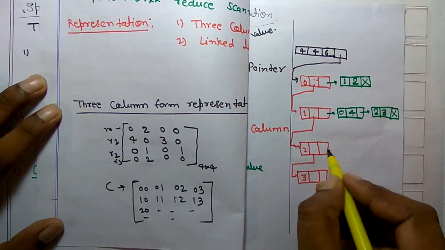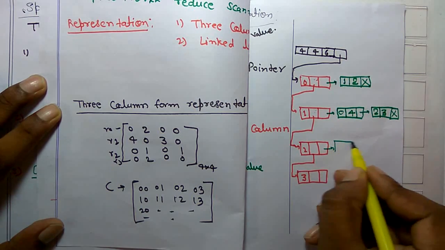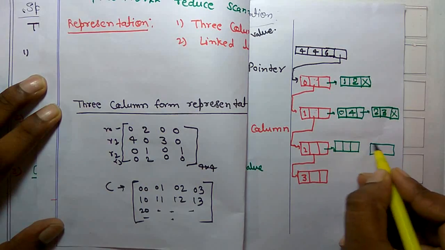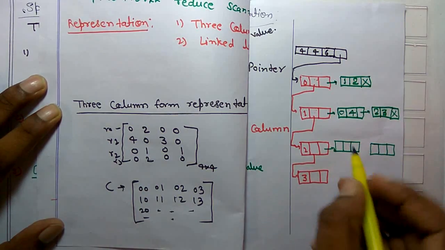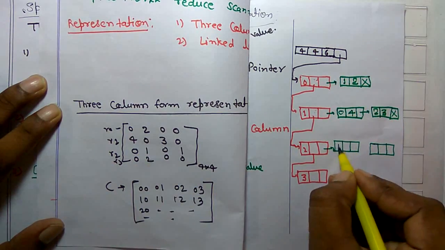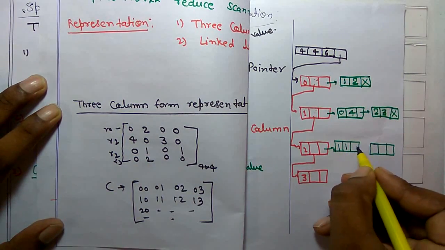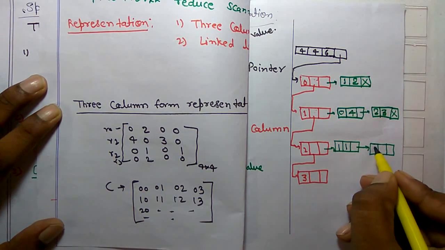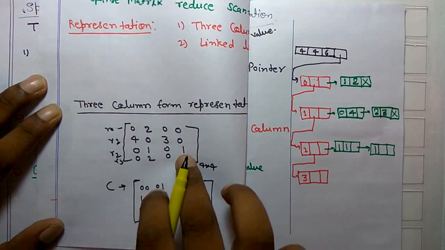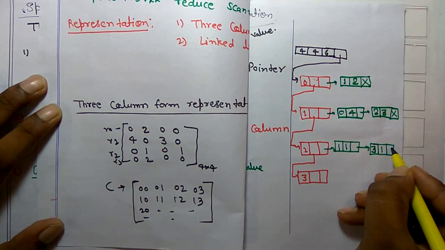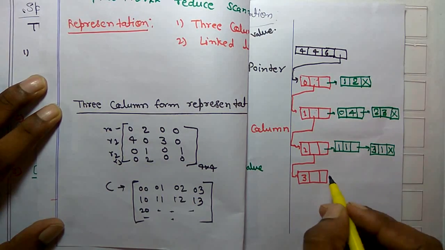Second row, two values are there, so I have created 2 nodes. In row 2, column 1 the value is 1, and it points to the next column value. The column number is 3, the value is 1 and it does not point to a next one, so it is null.